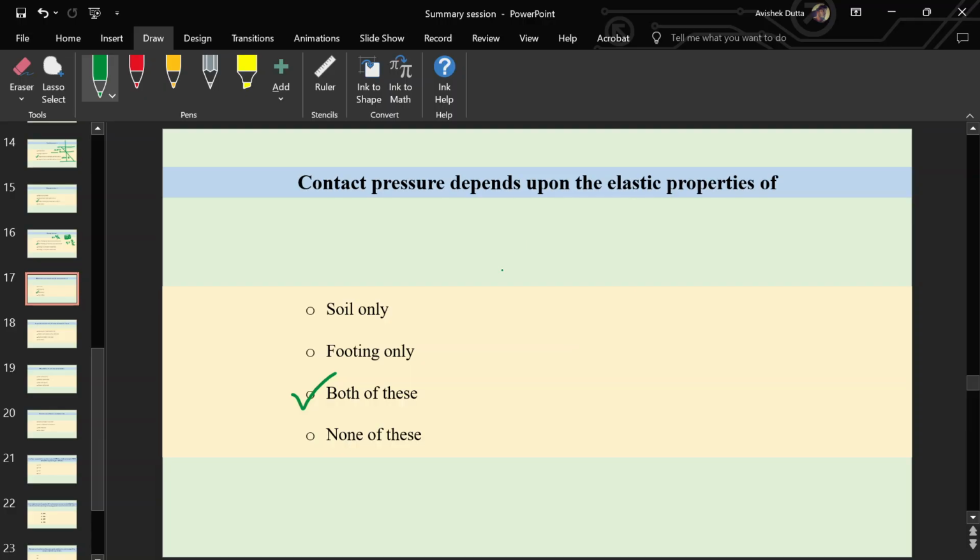So yes, soil and footing both have influence on the contact pressure. Their elastic properties will have influence on the contact pressures. So both of these is the correct answer. Good.